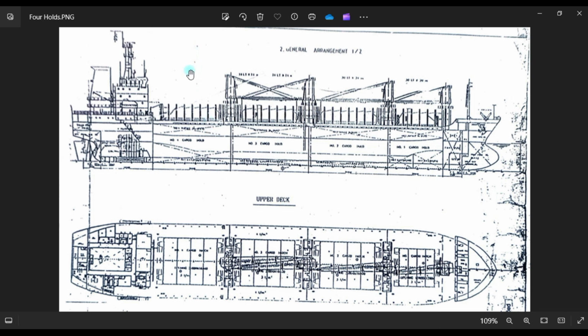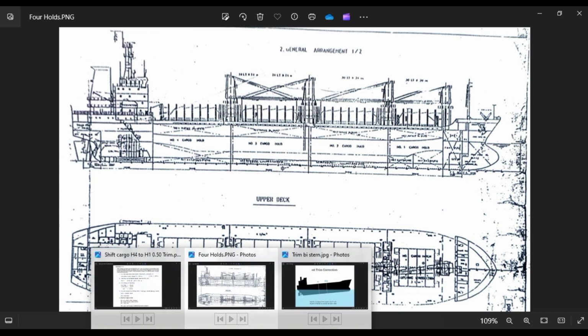Or if you put cargo in hold number 4, or put cargo in number 1, your mean drop will change. But if you only shift your cargo from number 4 to number 1, your mean drop will be the same. Even if you ship it to number 2, your mean drop will always be the same. Okay, I hope you get the point there.